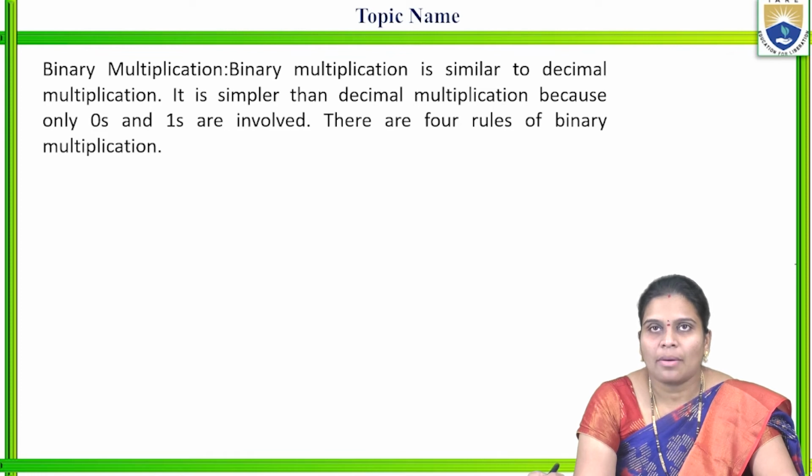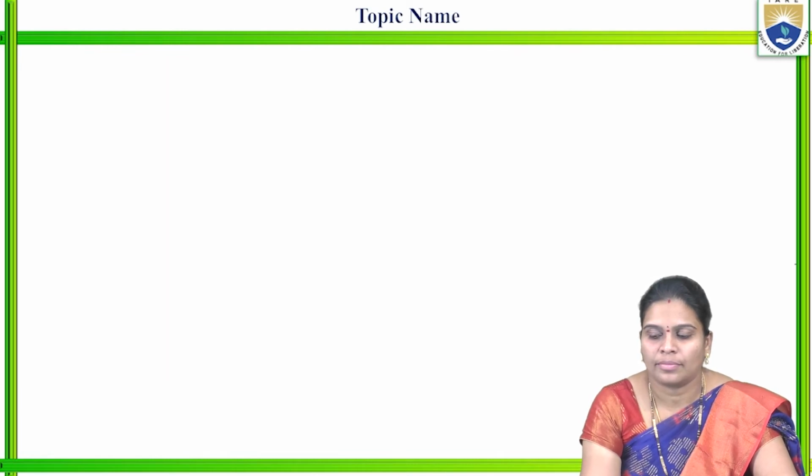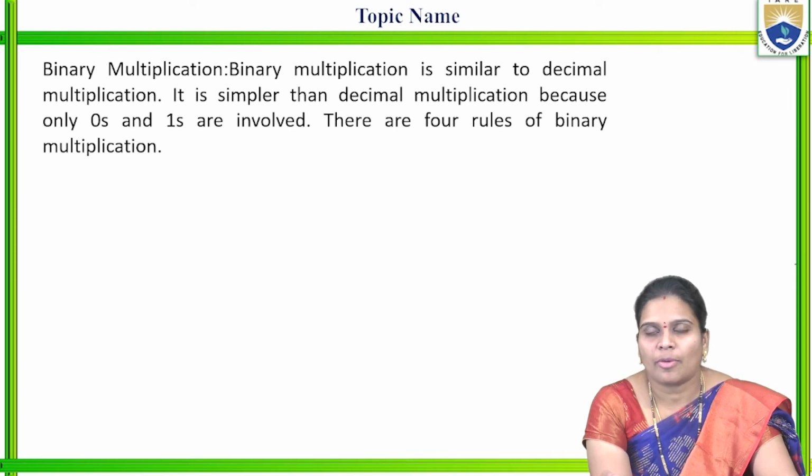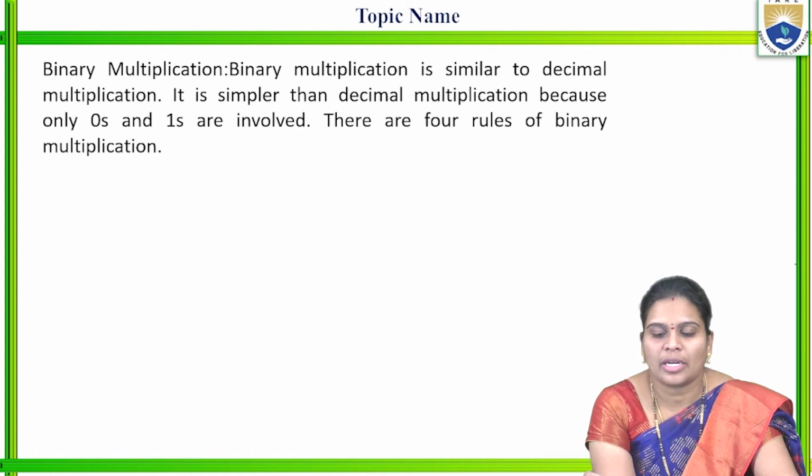So next one is the binary multiplication. This binary multiplication is the same as the decimal multiplication. So here also zeros and ones are needed. If we are multiplying with zeros, we are getting zero as the resultant value.